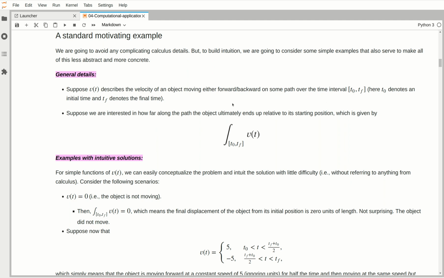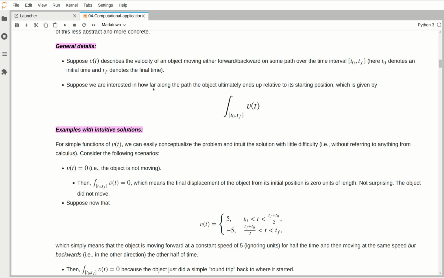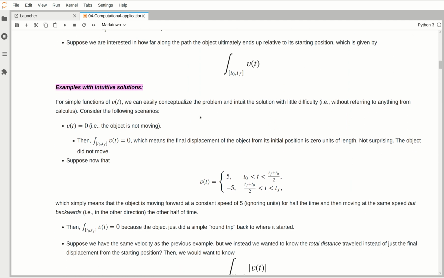So t naught is the initial time. Suppose we are interested in how far along the path the object ultimately ends up relative to its starting position. This would be given by the integral over the set of times, t naught to t f, that interval of times, of v of t.